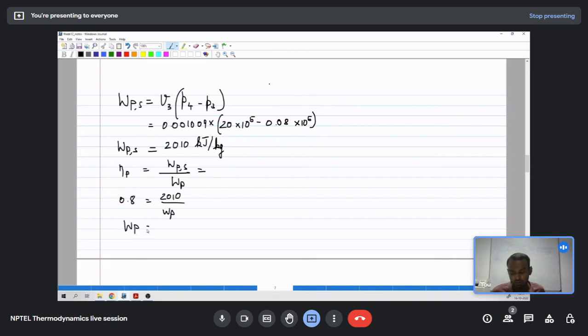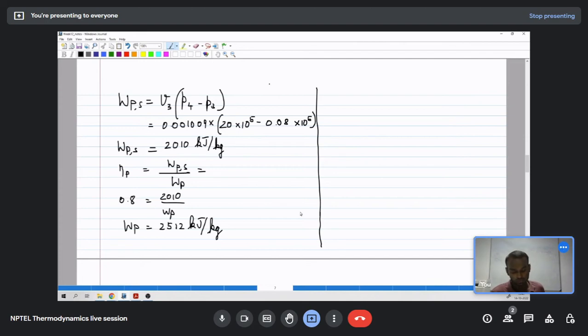So Wp is 2010 divided by 0.8. We have 2512 kilojoule per kg. So we have calculated the actual and ideal work of the pump.